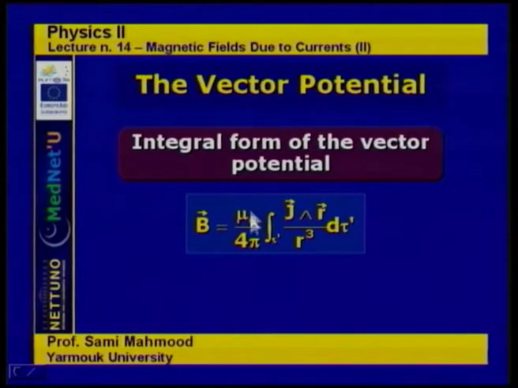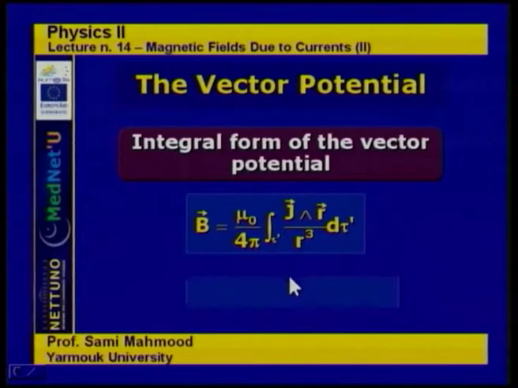So B is mu naught over 4 pi times the integral over the volume where the current is flowing times the current density J cross R. R is the location of the point of interest where we are calculating the field, over R cube, integrated over the volume where the current is flowing, integrated over the source of the current, actually.